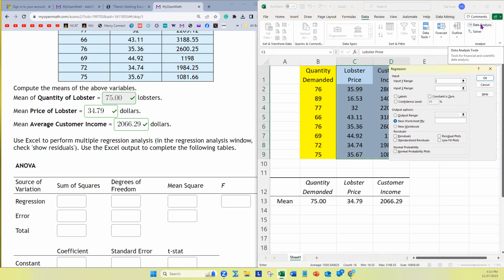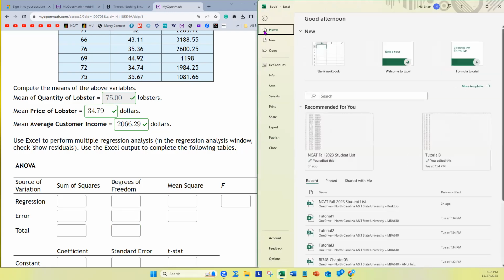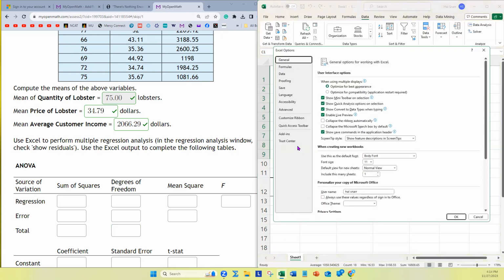You don't see it? Apparently I don't have it. Okay, so do you have Mac or PC? PC, sir. Okay, so click on File right here. Click on File, go down here to Options at the bottom. And then you want to go to Add-ins.